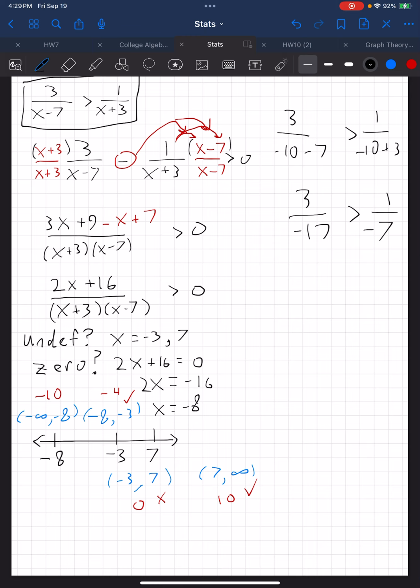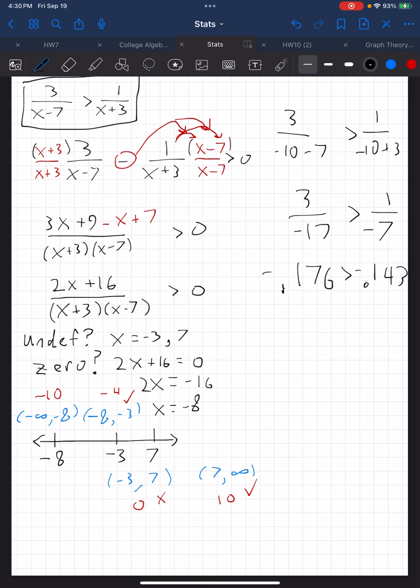We can always go to our calculator. Sadly, I can't record myself doing this right now, as what I type into the calculator. 3 divided by 17 is 0.176, and that's negative. And then 1 divided by 7 is 0.143.